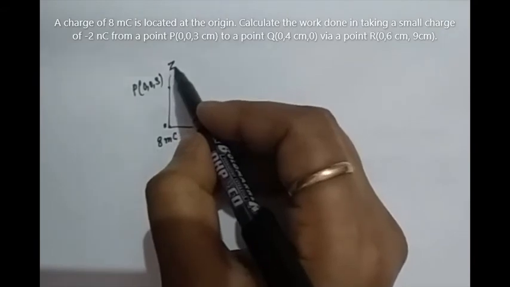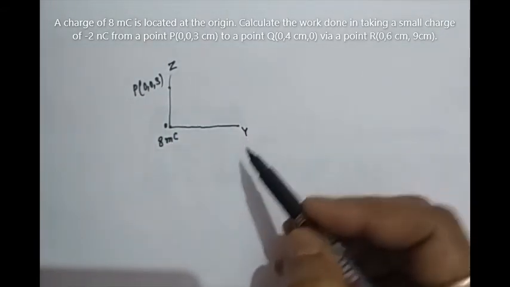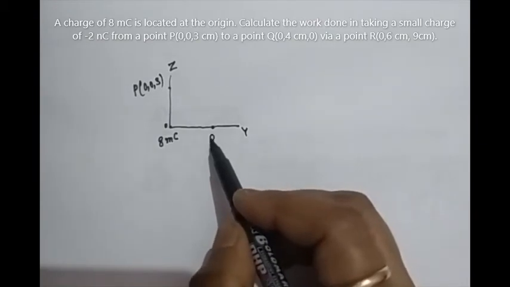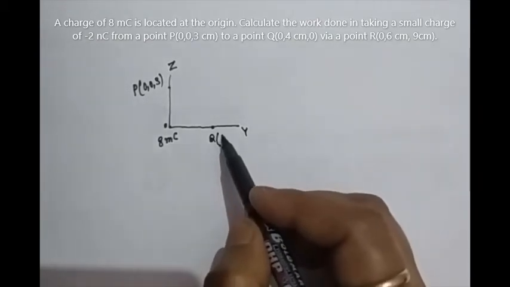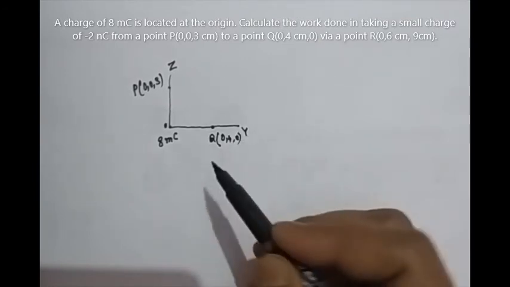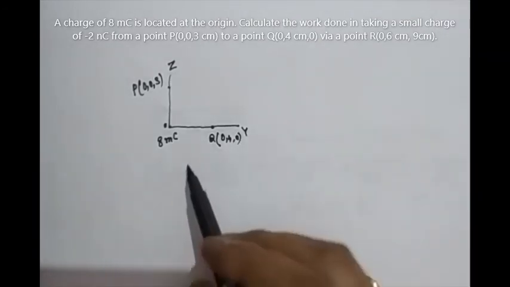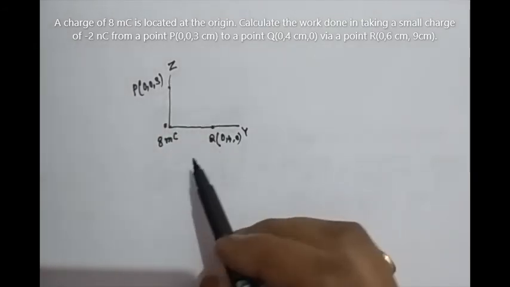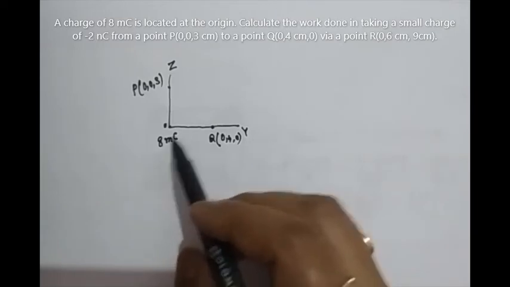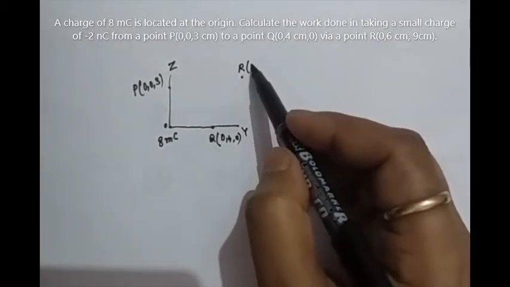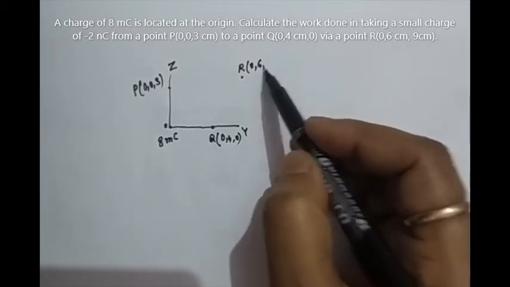This is Z axis, this is Y axis, and coordinate of point Q is 0, 4, 0. Three and 4 are in centimeters, and a point R whose coordinate is 0, 6, 9.